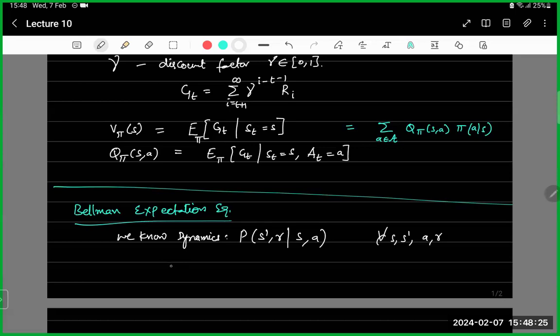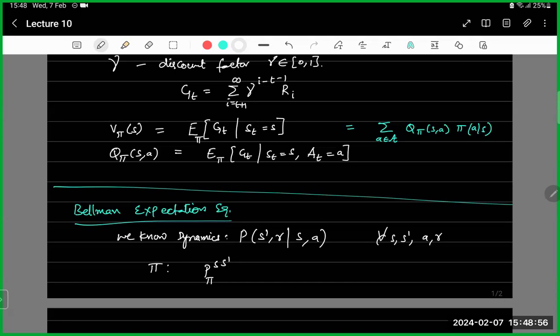Now we'll define the following. Let's say we have some policy pi. If you are in some state S, and if you follow policy pi, what is the probability that you'll go to some next state S dash?